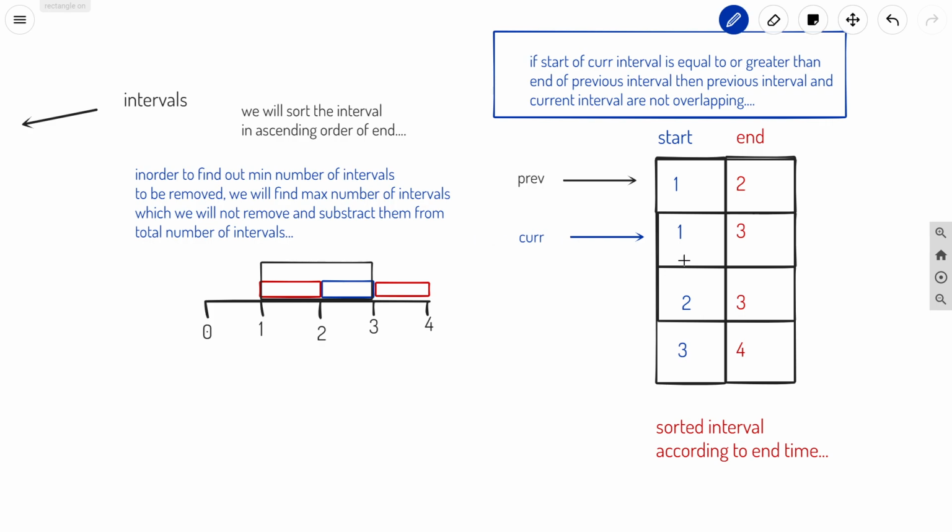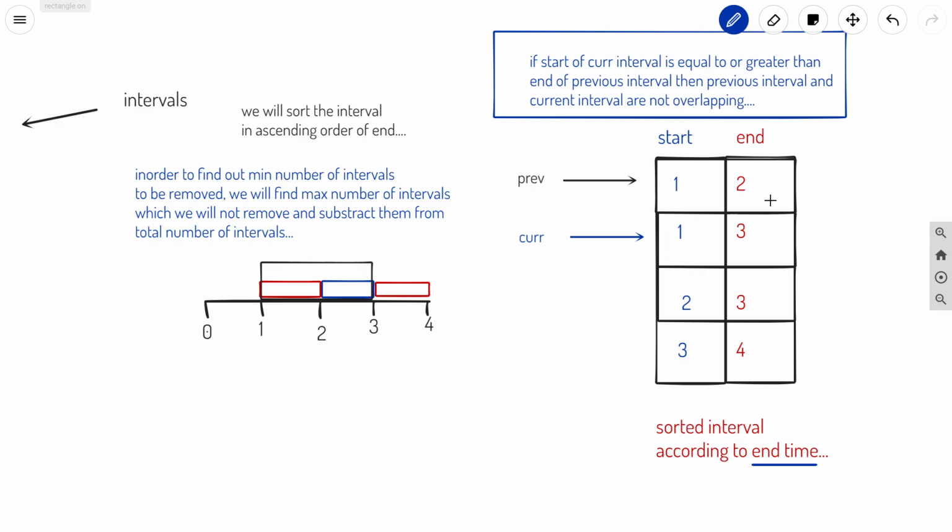So you can see that for this situation, the second interval and first interval, basically this is our sorted interval list, sorted according to end time. So we have sorted it first, and we will see for this current interval whether the start of this current interval is greater than or equal to the end of the previous interval or not.